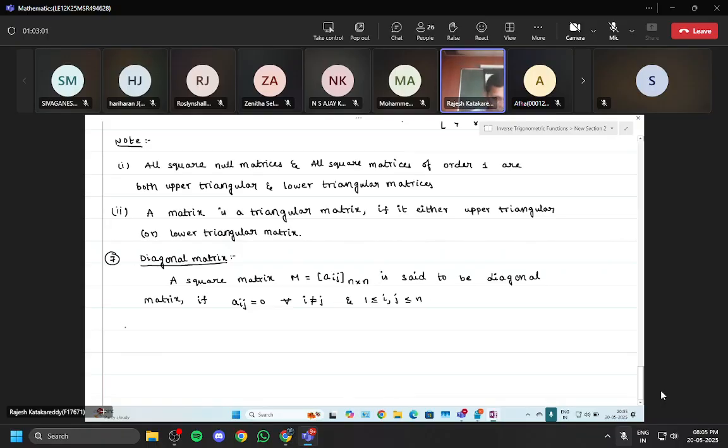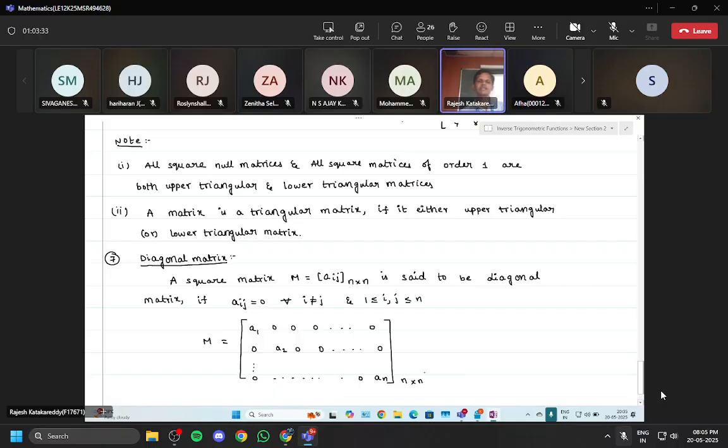So for example, in general you take M = [a1, 0, 0, ..., 0; 0, a2, 0, ..., 0; ...]. Except the principal diagonal elements, every element is 0. That is your diagonal matrix.